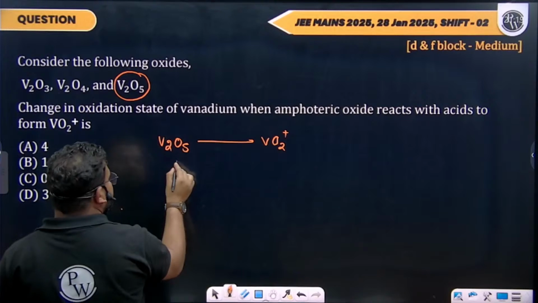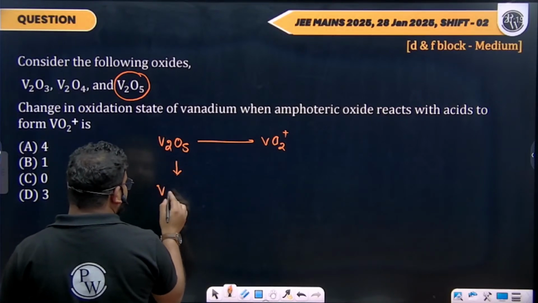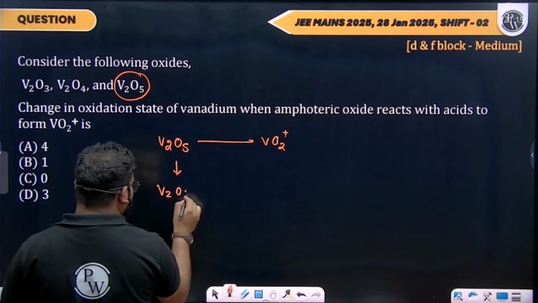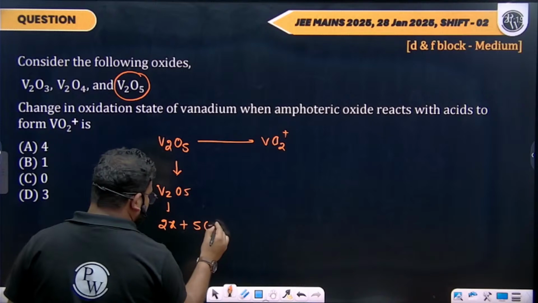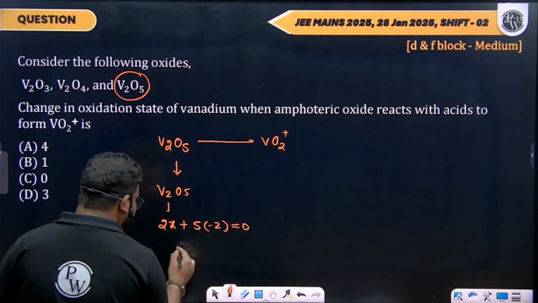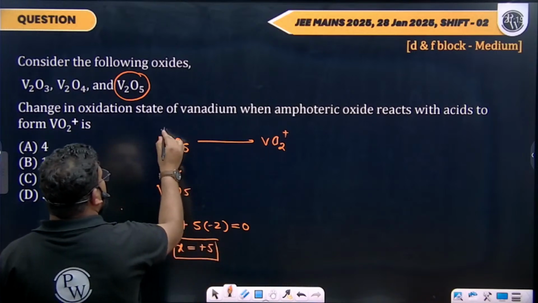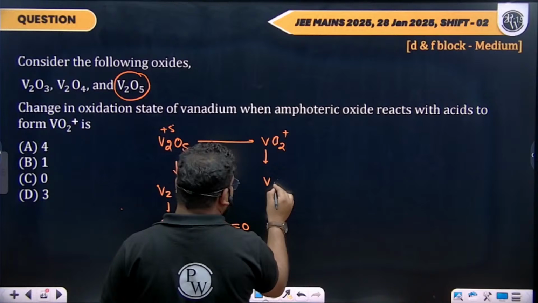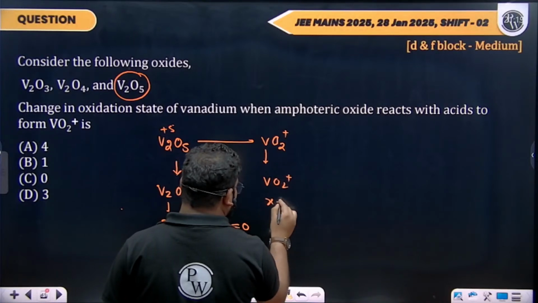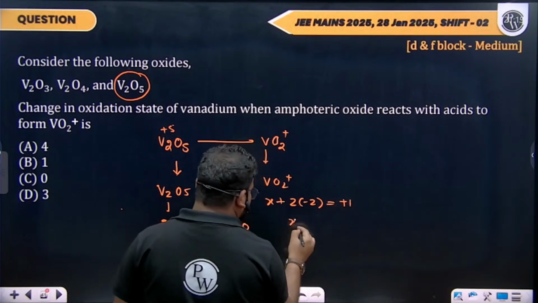The oxidation state of vanadium is +5 here, and here also the oxidation state of vanadium is +5.